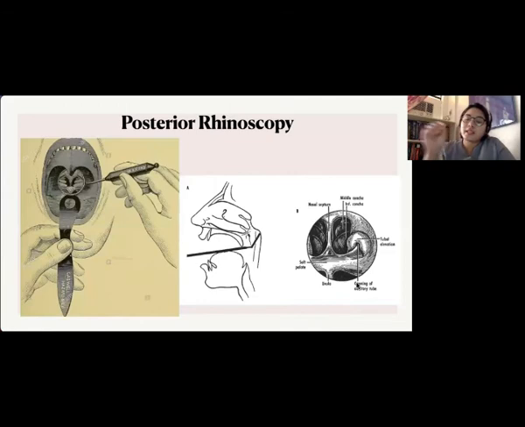By doing this procedure, always remember when you are examining the posterior nasopharynx, when you're sliding the mirror, tell the patient to breathe through the nose. Why? Because if the patient breathes through the nose, the soft palate will depress, and because of the air, it will widen the nasal cavity, so you can visualize it more.